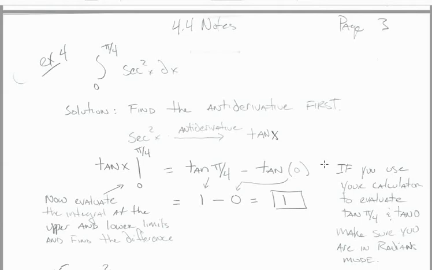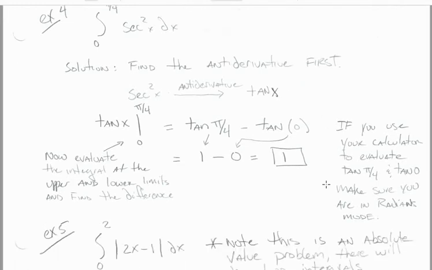So we end up with 1 minus 0, which is 1. Alright, if you don't remember what tangent of pi over 4 is, and you don't want to draw the 1, 1, square root of 2 triangle, remember, if you use your calculator for this, make sure that your calculator is in radians mode, because pi over 4 is in radians.